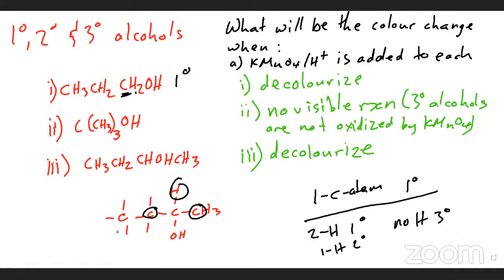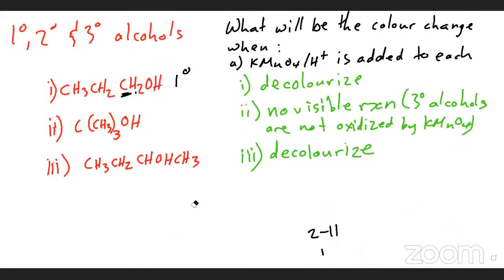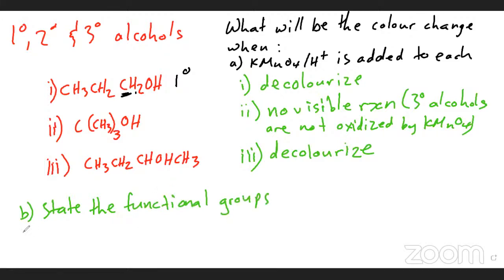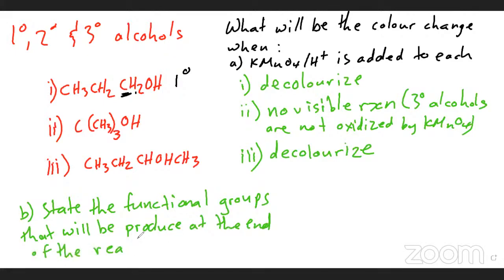All right. My next question. When compound 1 reacts with the potassium permanganate, which functional group will you get?